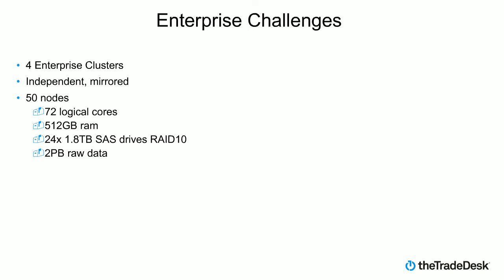They had 72 logical CPU cores, half a terabyte of RAM, a bunch of RAID disk drives, and 2 petabytes of raw data, as I stated before. So pretty big, beefy nodes.